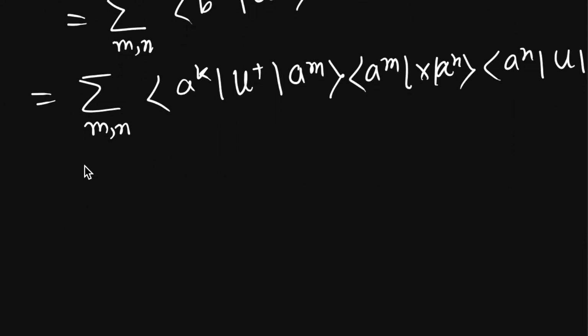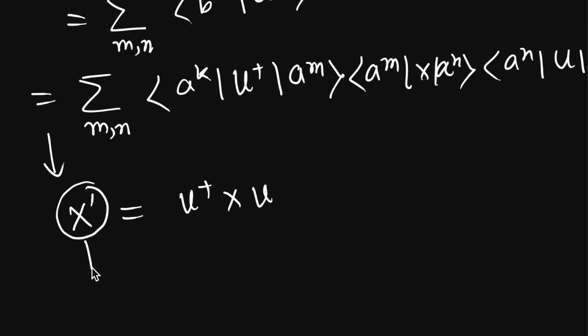So this is simply the well-known formula for the similarity transformation in matrix algebra, which is X prime equal to U dagger X U, where X prime is the transformed new matrix, and X is the old matrix.